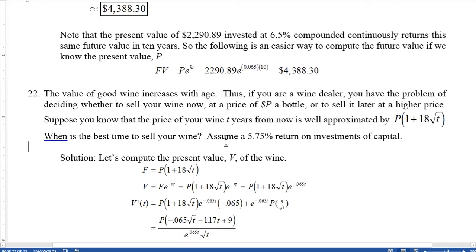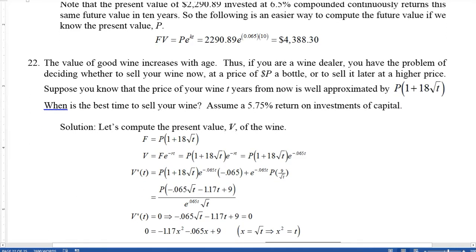So to do this, let's figure out what the present value of the wine is. So let V be the present value. The future value is P, the present value, times 1 plus 18 square root of T. On the other hand, the total present value is F times e to the minus rt, where F is the future value.